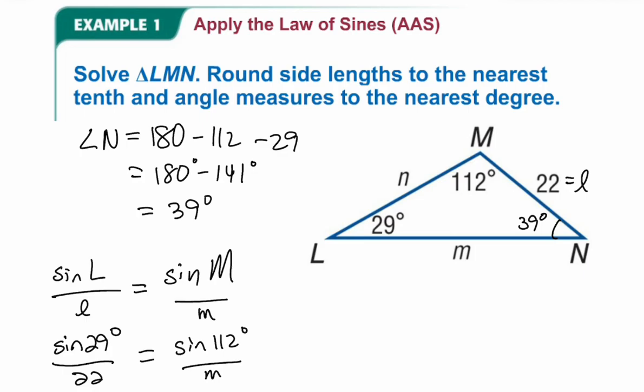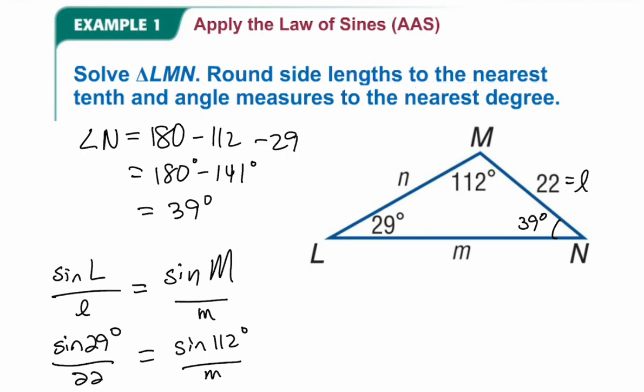Okay. Now, the sine of 29 and the sine of 112 are something you're just going to have to put into a calculator. These do not rely most of the time on a unit circle kind of value, so expect that you're going to have to use a calculator for this section. And the indication here is it says round to.